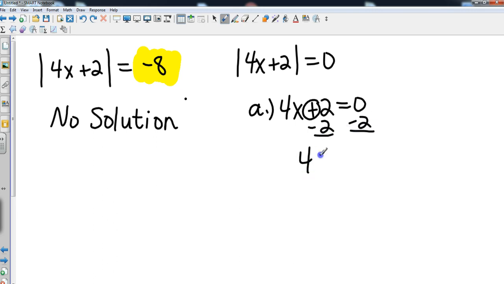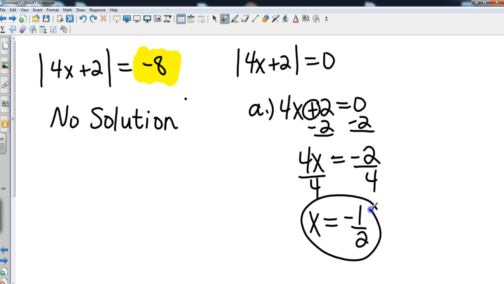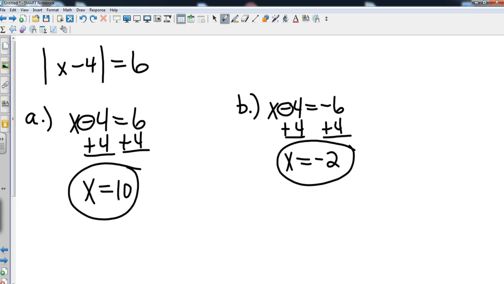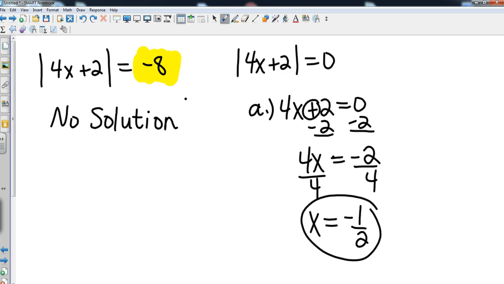And that's 4x equals -2. Then we take our multiplication and we divide to do the opposite. So that gives me a value of x equals -1/2. So it's possible to have 2 answers, as in our first example. It's possible to have no solution, and it's also possible to just have one answer.